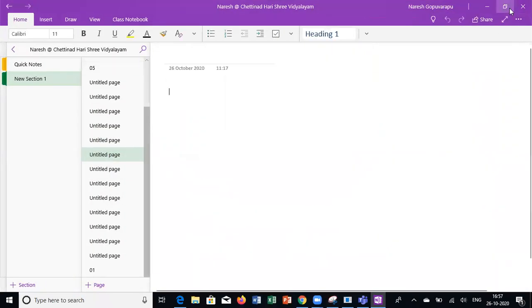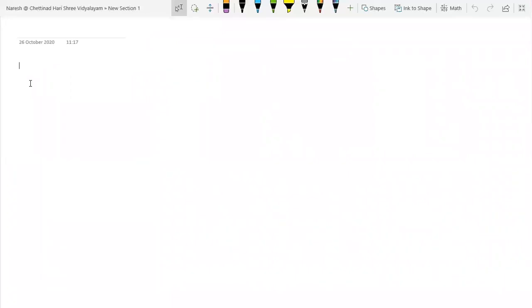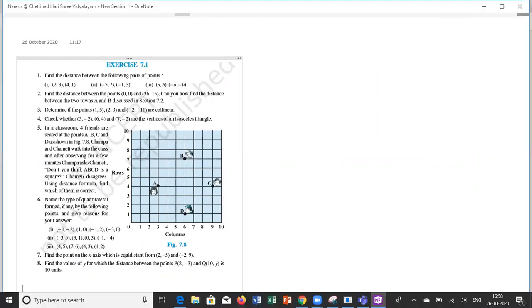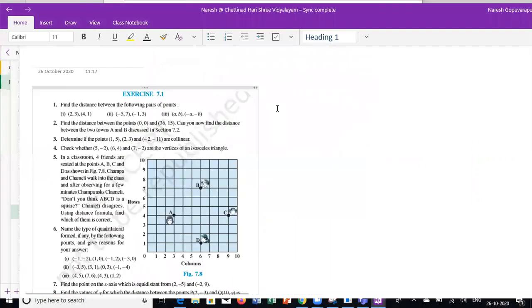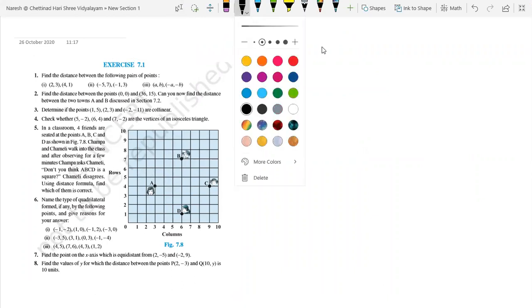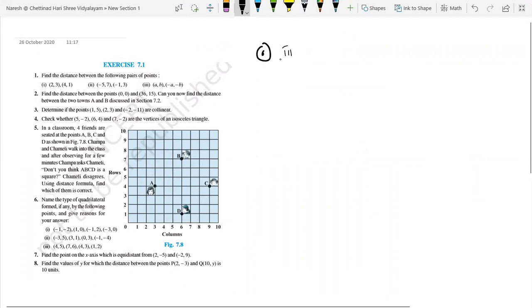One second. The points are (6, 3), (4, 5), (7, 6), (4, 3), (1, 2).